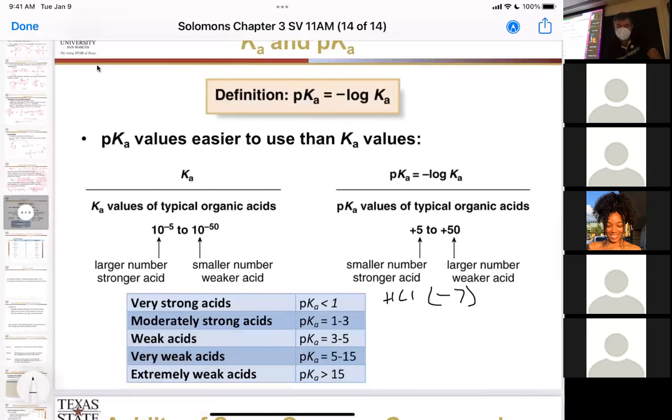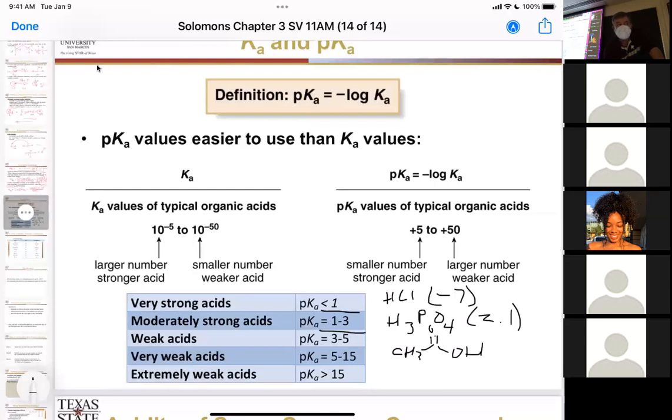Then if we have a range from 1 to 3, we call that a moderately strong acid. That's things like phosphoric acid. It has a pKa of 2.1. Then we get into our weak acids like acetic acid, CH3COOH, which is our first carboxylic acid that we're going to talk about.